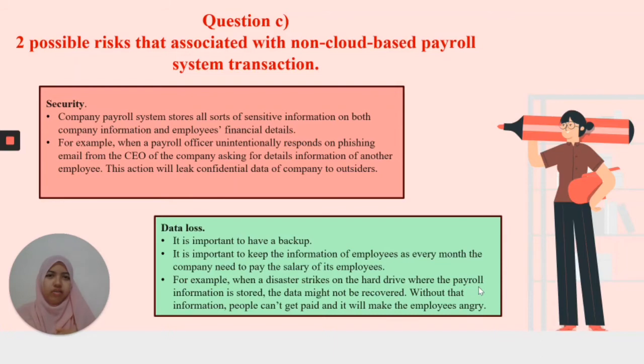Without checking further, the payroll officer might respond to the email and give information, and this action will lead to the confidential data of the company leaking to outsiders. So the information has been given to the outsiders. So companies should do more security towards their system to avoid this kind of thing happening.